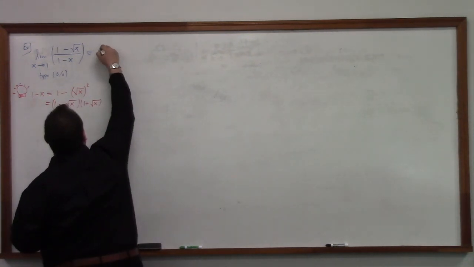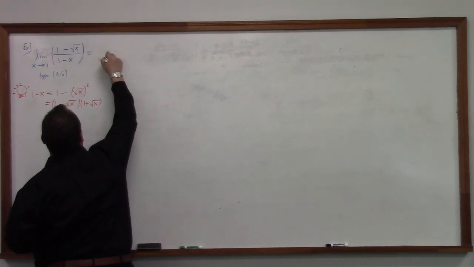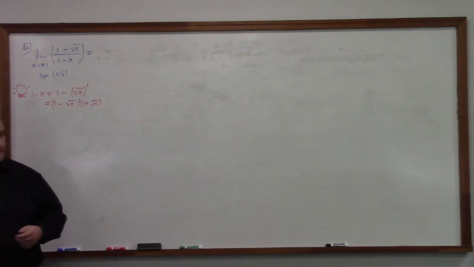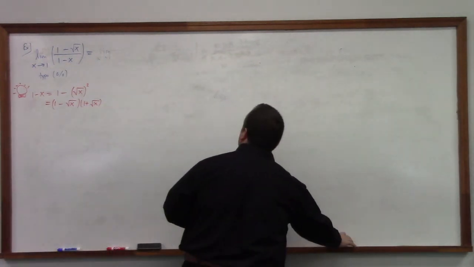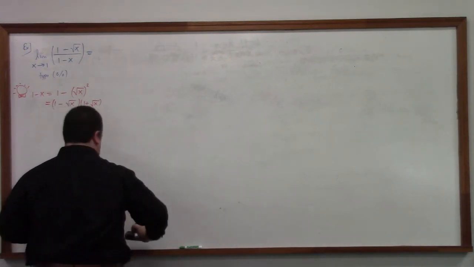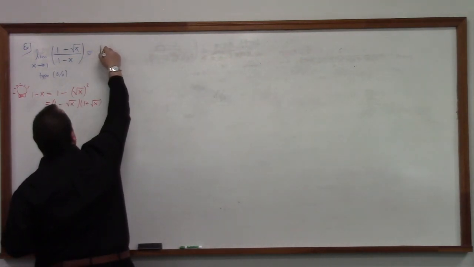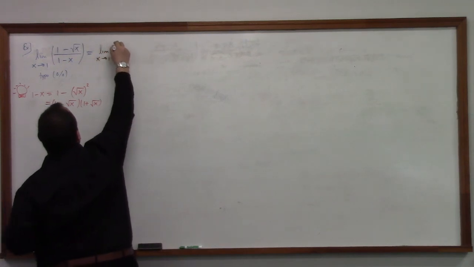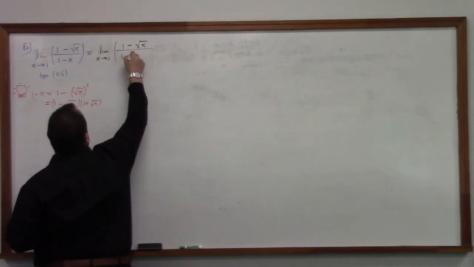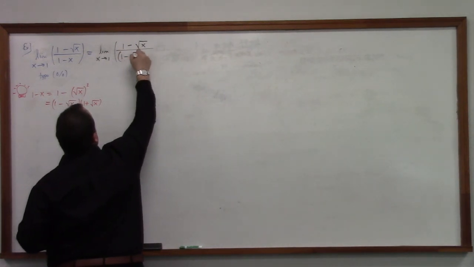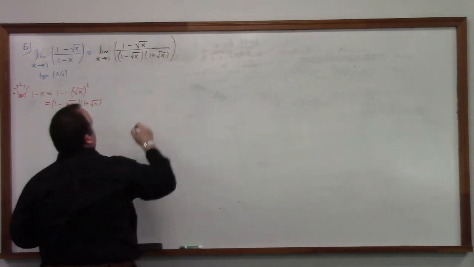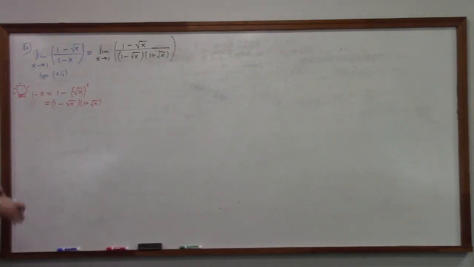The limit as x goes to 1 of 1 minus root x over 1 minus root x times 1 plus root x. So we can cancel out the zero, right?